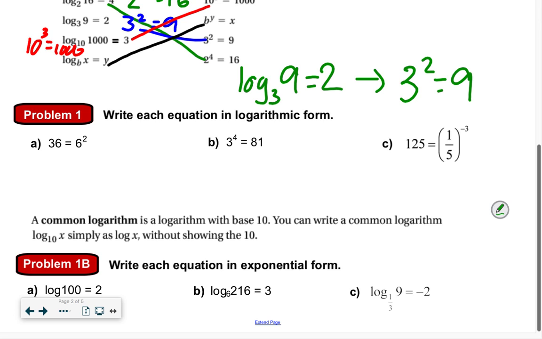That becomes our small number. So if I look at 36 equals 6 squared, what's my subscript, my small number going to be? 6. So I'm going to have log of 6. My exponent becomes my answer. So I'm going to have equals what over here? 2. And then 36 is what's left. I think that's the easiest way to think about it. If you just like to write them all out at once, that's A-okay with me.